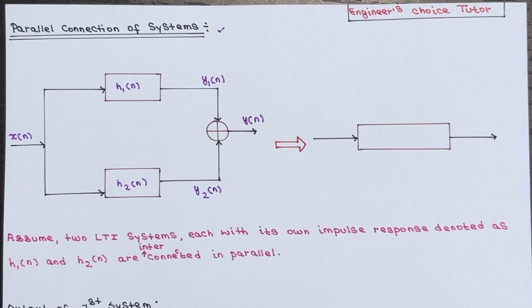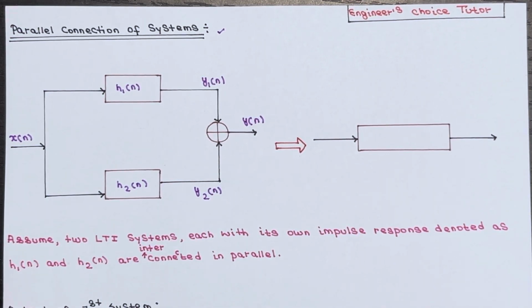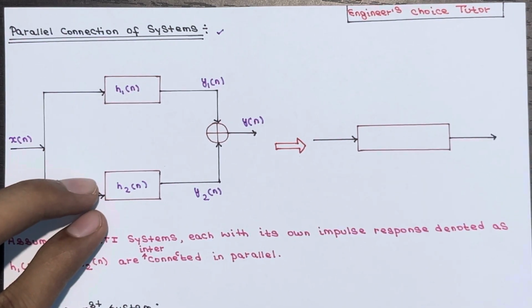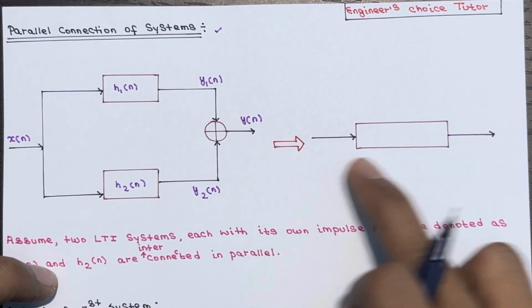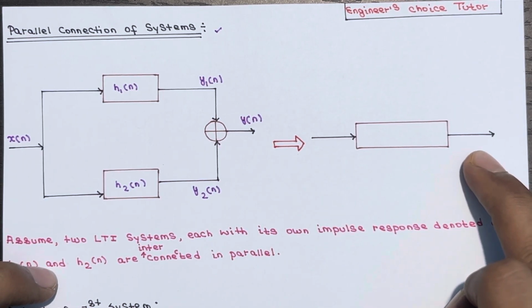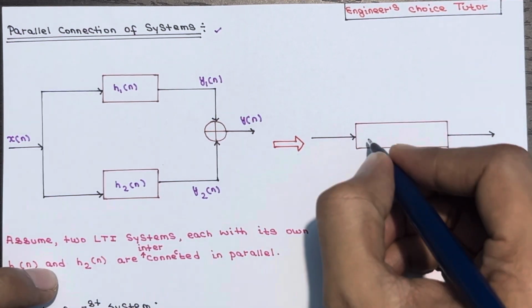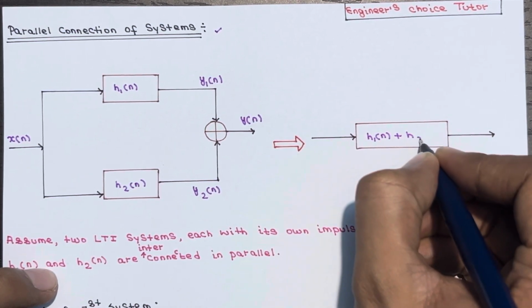So two parallel connected discrete time systems with impulse responses h1 of n and h2 of n can be replaced by a single equivalent discrete time system whose impulse response is given by the sum of individual impulse responses, h1 of n plus h2 of n.